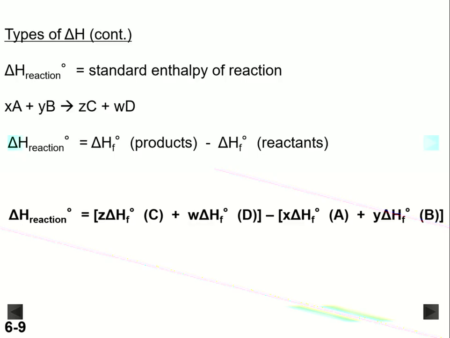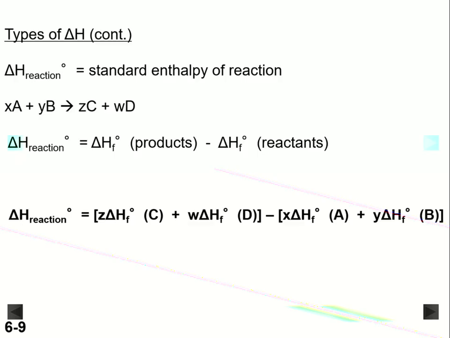X moles of substance A plus Y moles of substance B goes to Z moles of substance C plus W moles of substance D. The standard enthalpy for that reaction as written is going to be the enthalpy of formation of all the products minus the enthalpy of formation of all the reactants.